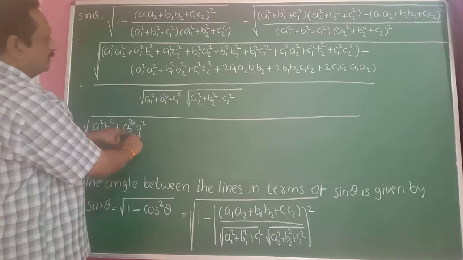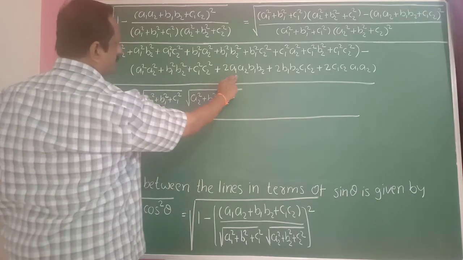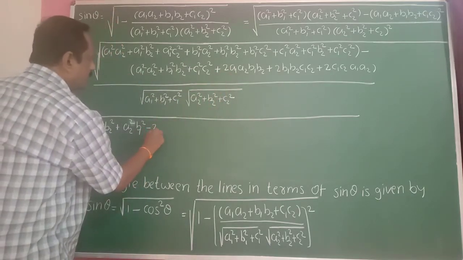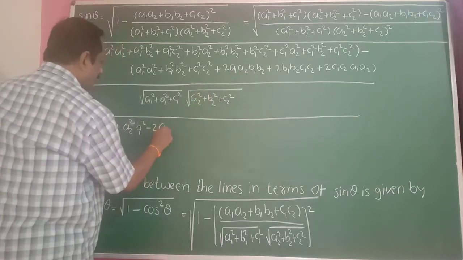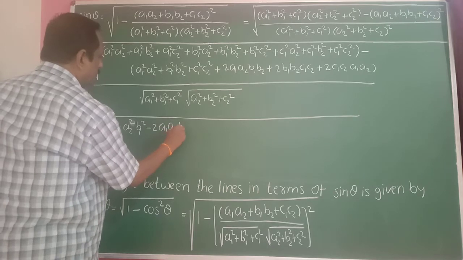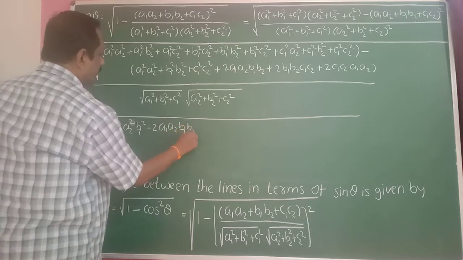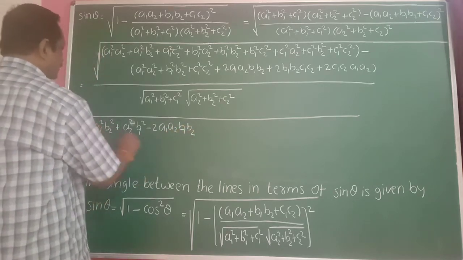Okay, then write this one, minus 2 into a1 a2 b1 b2. That's the terms in the bracket here.